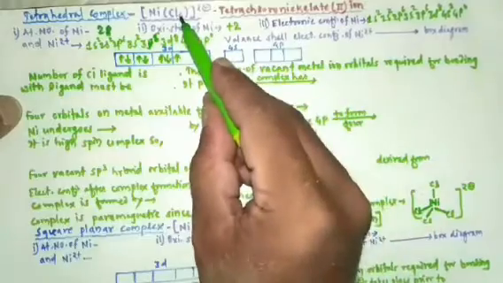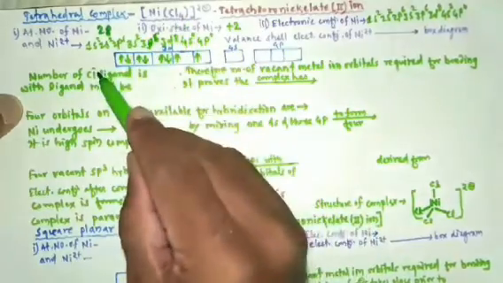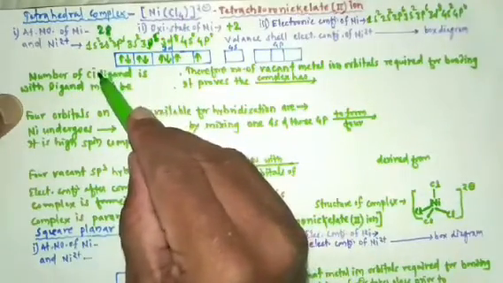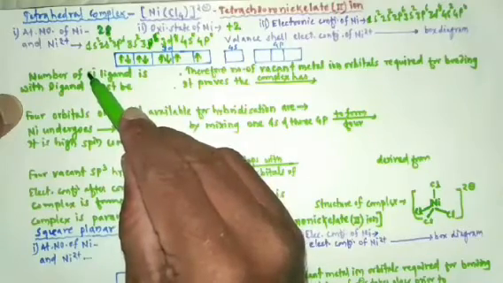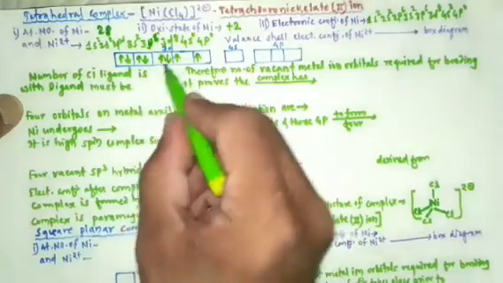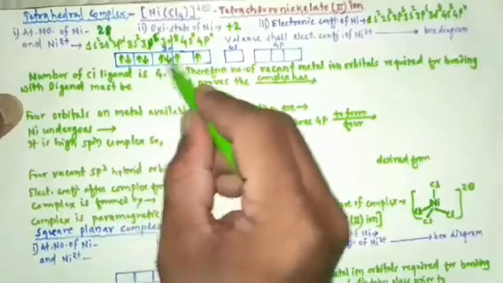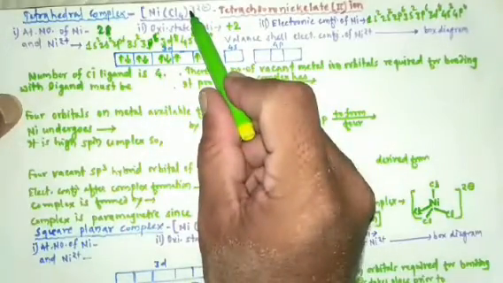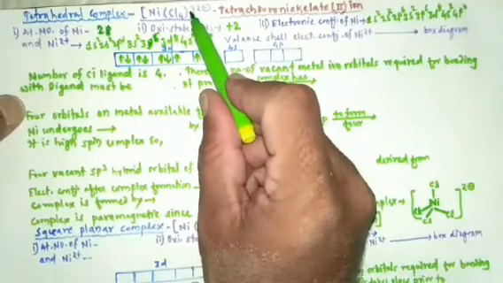So in this complex, the number of chloride ligands, that is Cl minus, is 4.